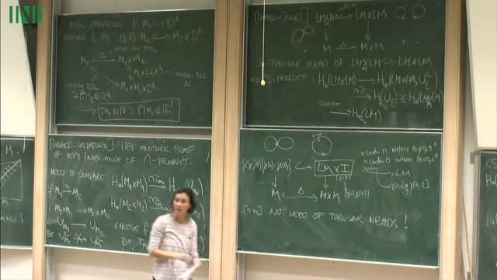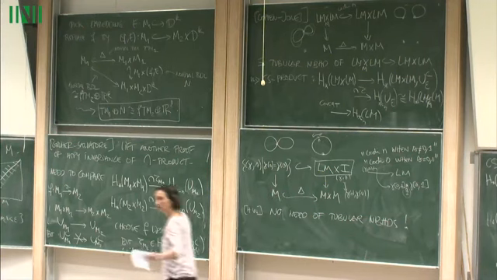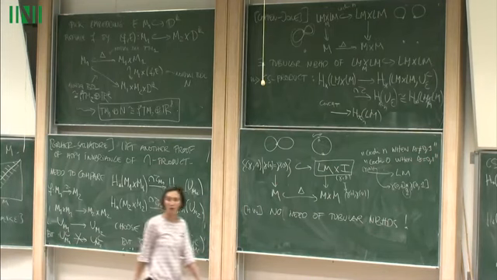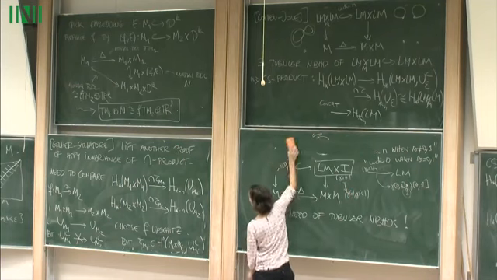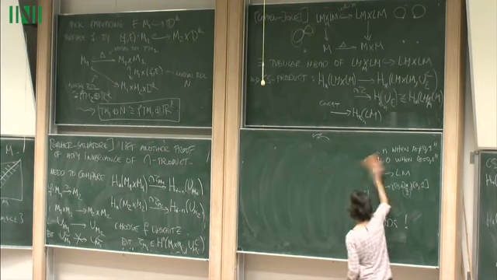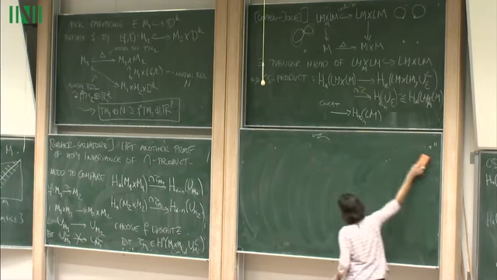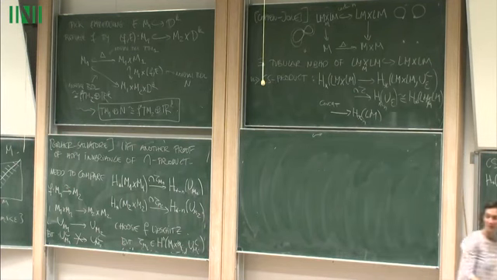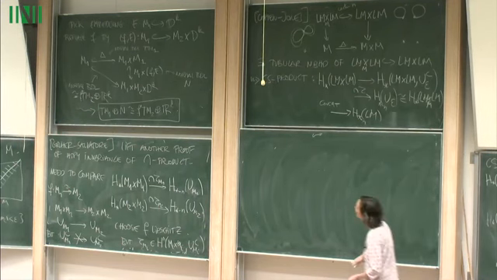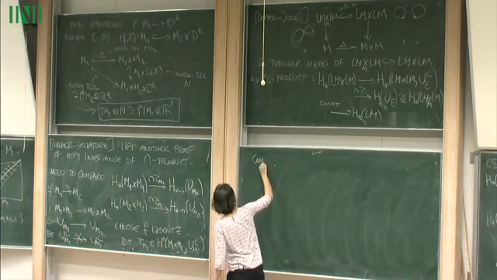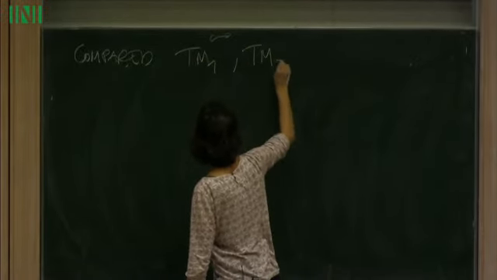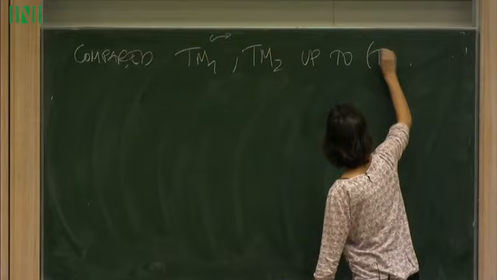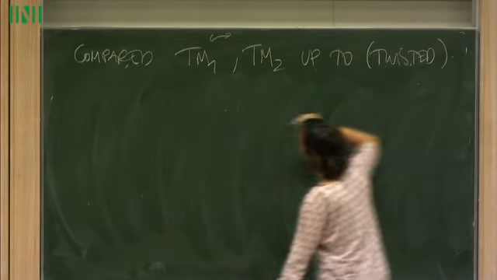What we have gained is one equation involving both TM1 and TM2. If our map is just some random homotopy equivalence, we have no a priori way of comparing TM1 and TM2. But now we have compared them up to a suspension. This is where I hope Wolfgang will tell me that I don't need to put a suspension. So we compared TM1 and TM2 up to a twisted suspension.